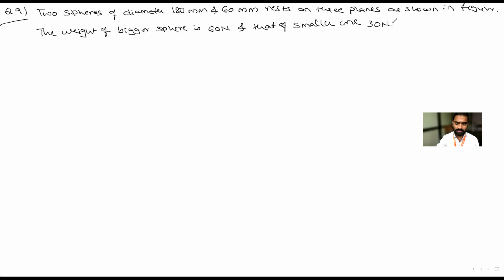Determine normal reactions between spheres.